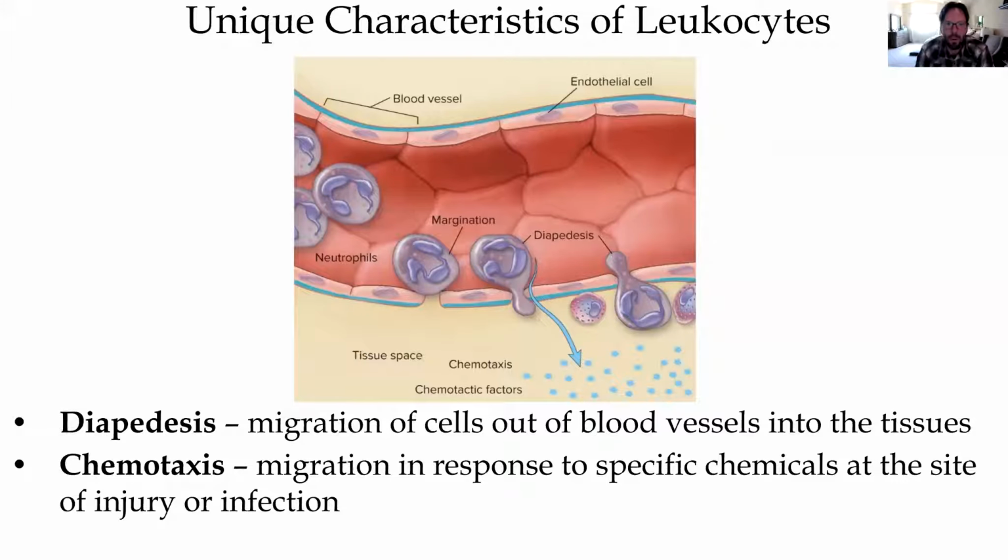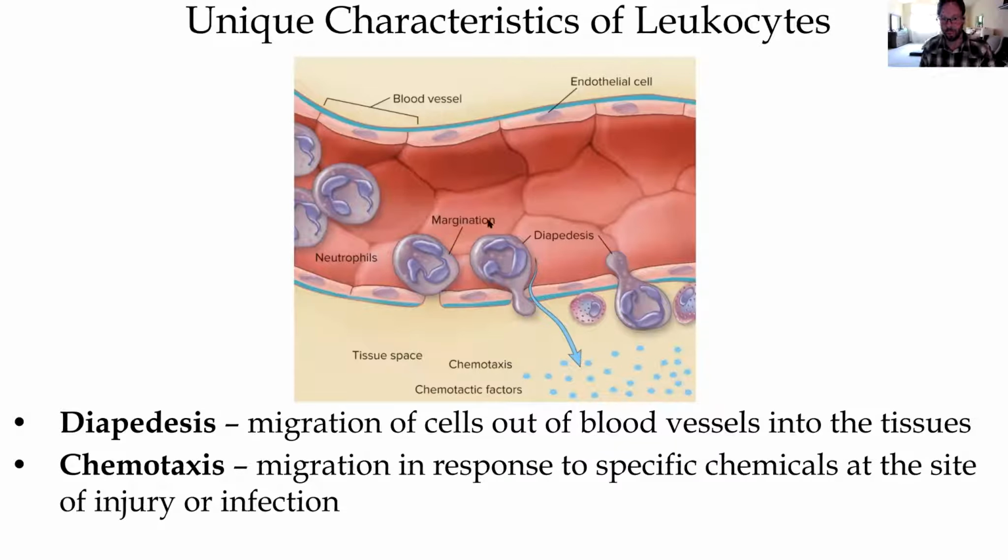Diapedesis and chemotaxis. Diapedesis is the migration of cells out of blood vessels into the tissue. Like I said, your blood vessels are a bunch of cells, and they have gaps in between the blood vessel cells for your immune cells to extravasate out.